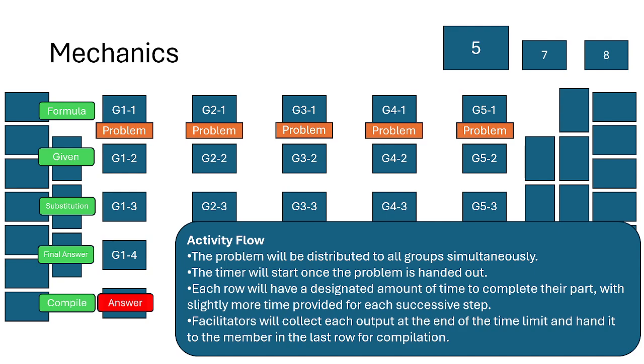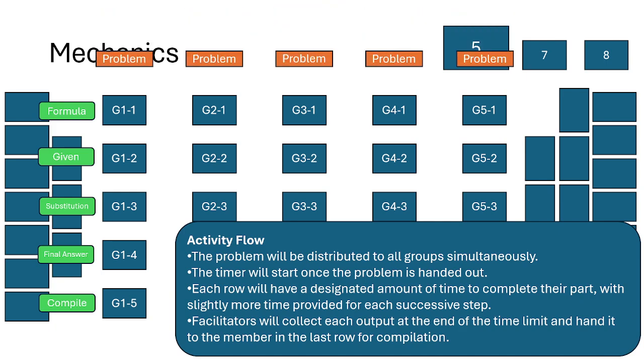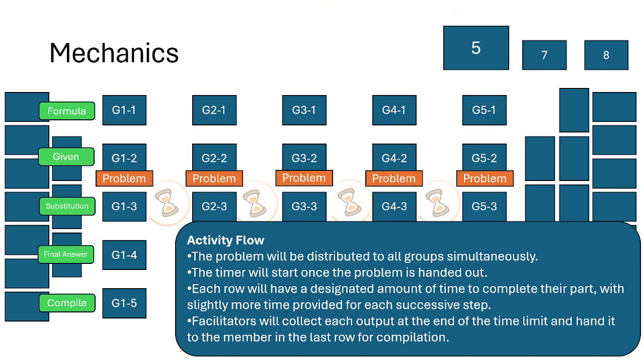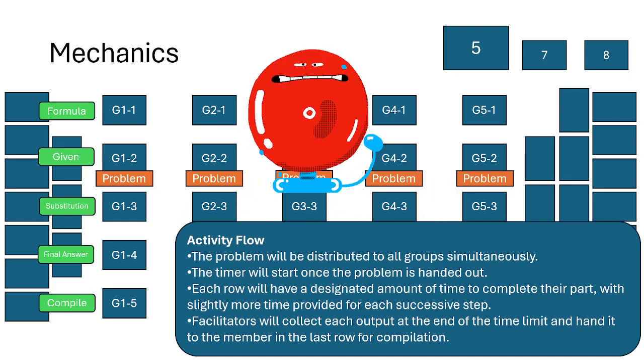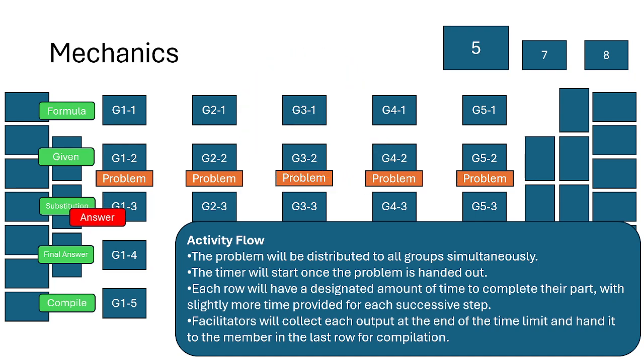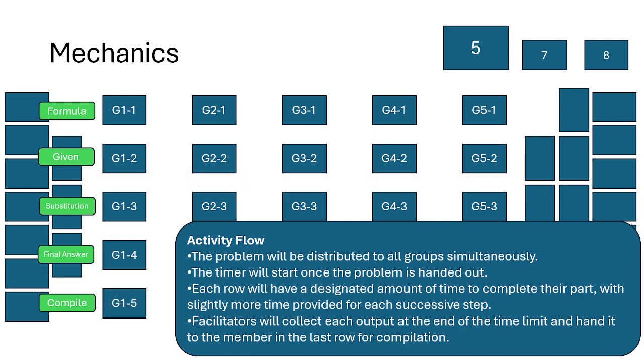Let's see the next part. Same problem, with a corresponding time of 3 minutes. After this time, that's time's up, and facilitators will get the answer and give it to the fifth row. Let's go for the next part.